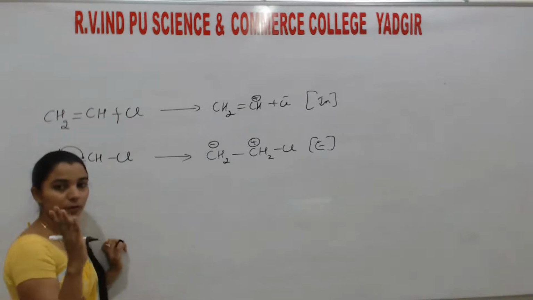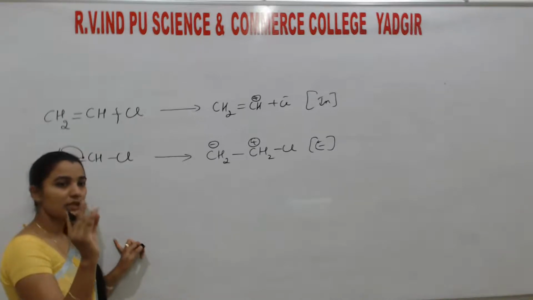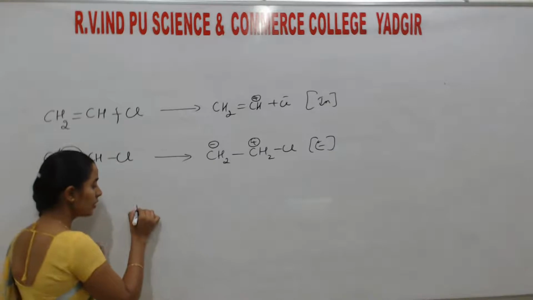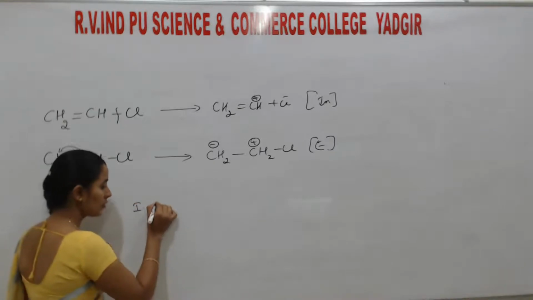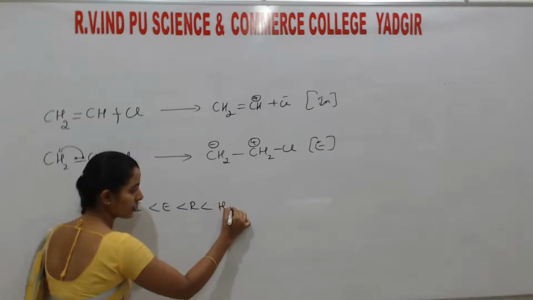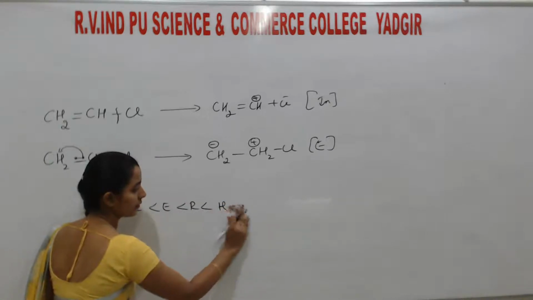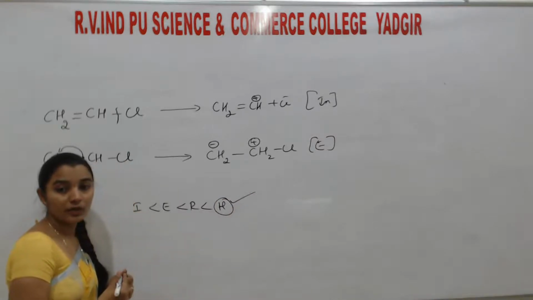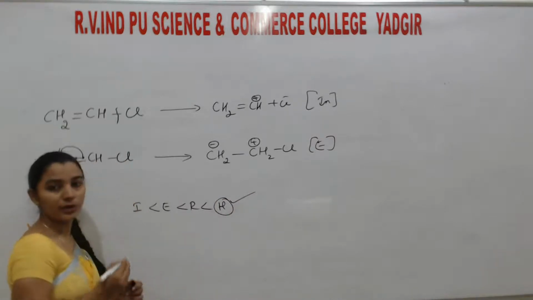So the order is there. I told you four types of effects are there: inductive, electromeric, resonance, and hyperconjugation. Inductive is the least effect, then electromeric, then resonance, then hyperconjugation. This is the most predominant effect and this is the least predominant effect.